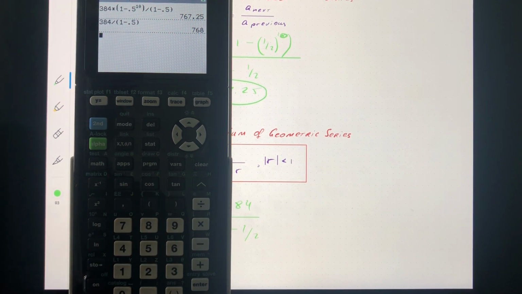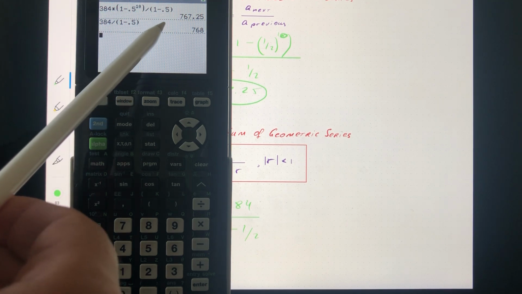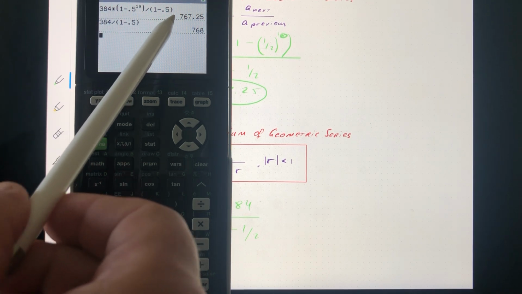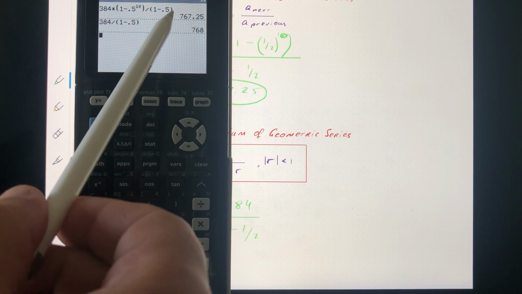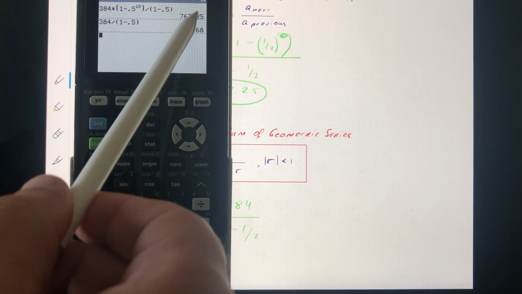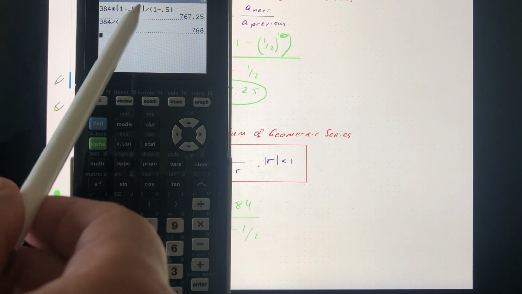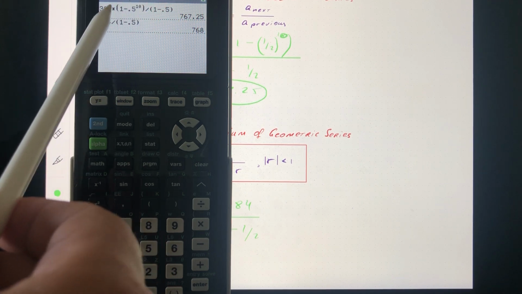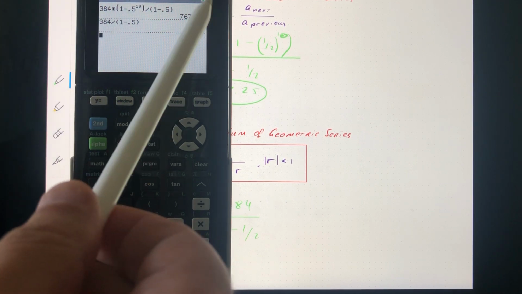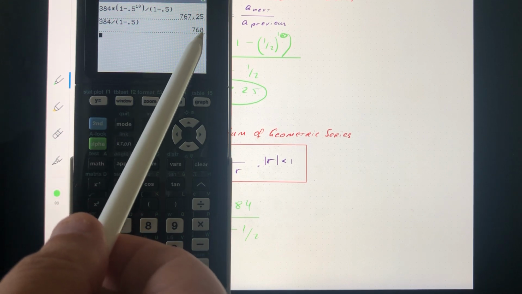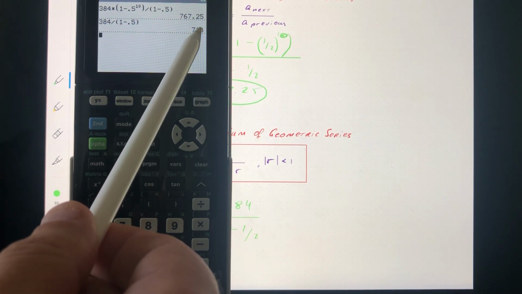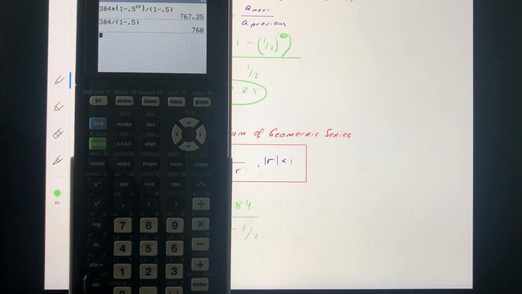So we can see that after we added the first 10 terms, the answer is almost 768. It's only off by 3/4. So if we add all the numbers from 1 to forever, the only thing we're gaining is just 0.75. So the final answer to the infinite sum of this geometric series is 768.